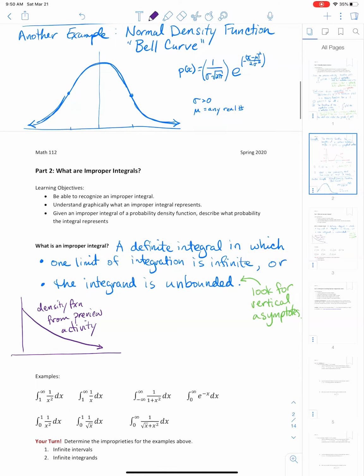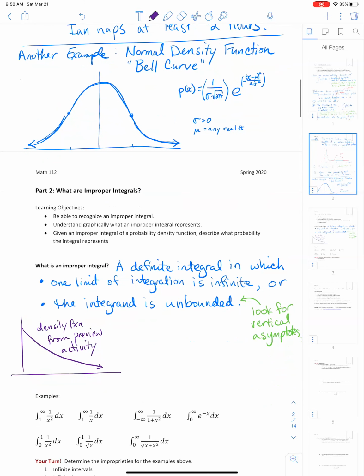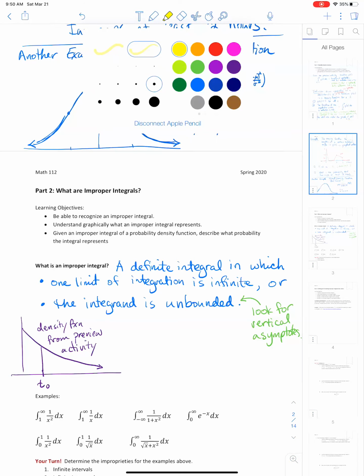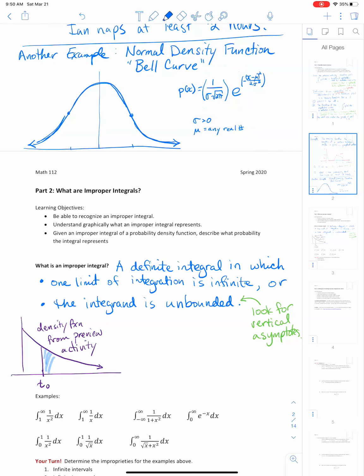And in that case, right, if we had some particular time t naught and we wanted to know the area to the right of t naught, then that would correspond to an improper integral.